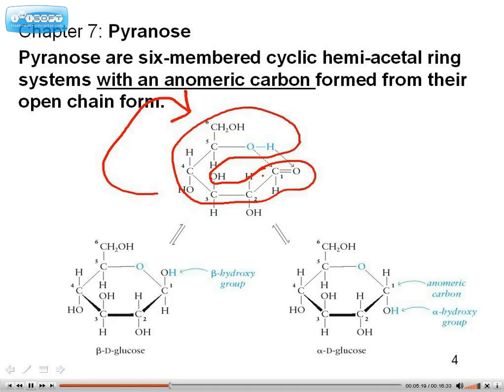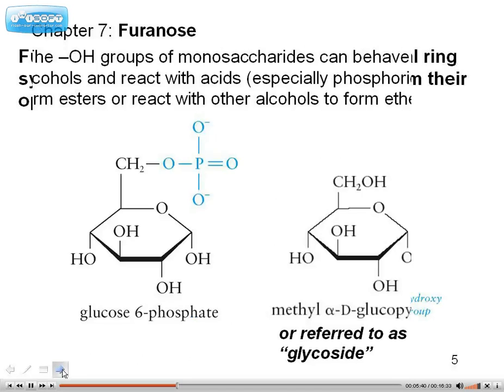If you want to see a picture of this right here, we formed two possible cyclic structures, heterocyclic structures if we want to be more specific, since there is an oxygen that makes up the cyclic structure. So technically it's heterocyclic. But I'm going to keep moving forward a bit.